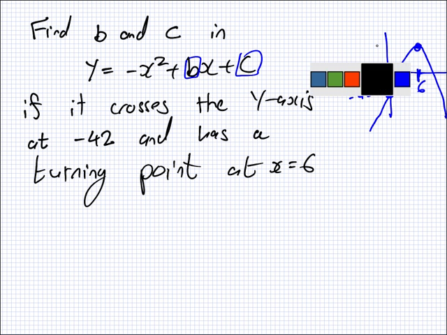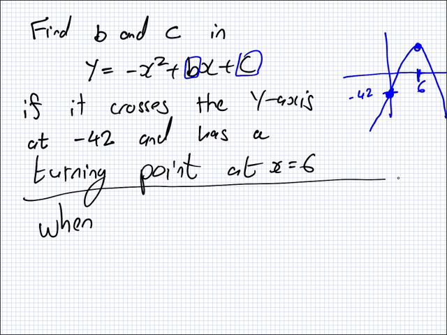So from those two pieces of information, we can fill in the b and the c. The c will be easiest to get first. Yes, it has to be minus 42. So when x equals 0, then y should equal minus 42.